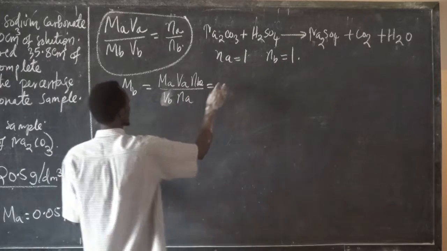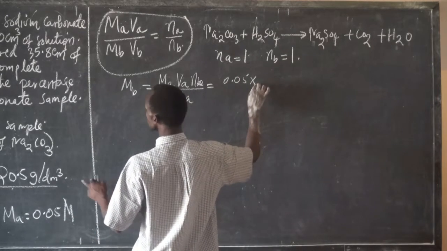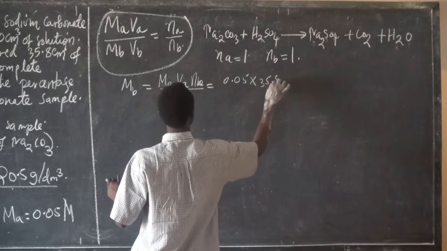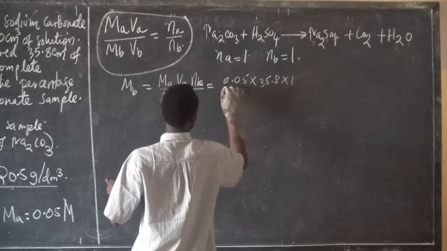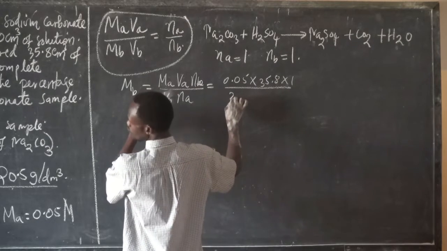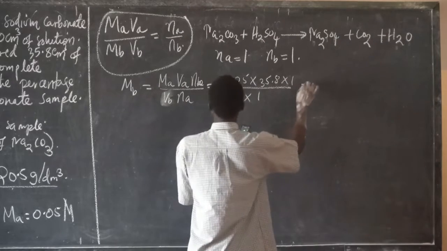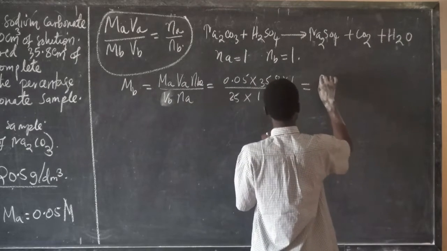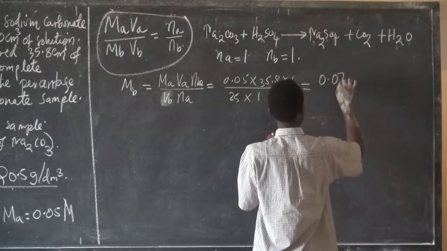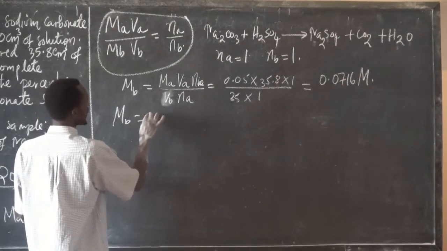Molarity of acid is given as 0.05, times volume of acid 35.8, times the number of base 1, over volume of base 20 times 1. The molarity of base is equal to 0.0716.